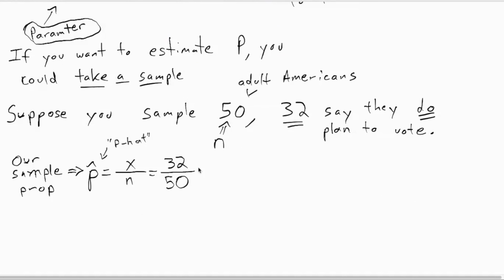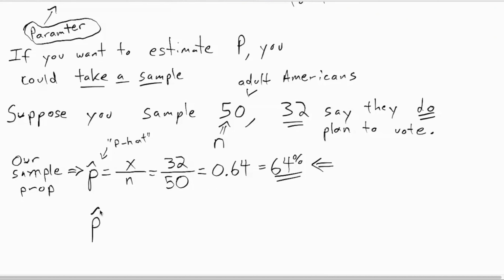So our sample proportion is 32 over 50, which the math is going to work out a little bit nicer if we write that as a decimal. So it's 0.64, and it's a little bit easier to think about it if we write it as a percentage. So 64% of our sample said that they planned to vote. But is that probably exactly equal to P, the proportion of everybody that plans to vote? Like, no, it's not.